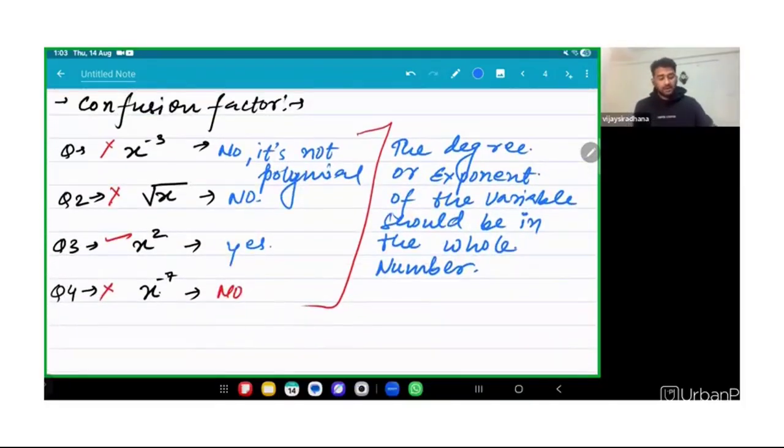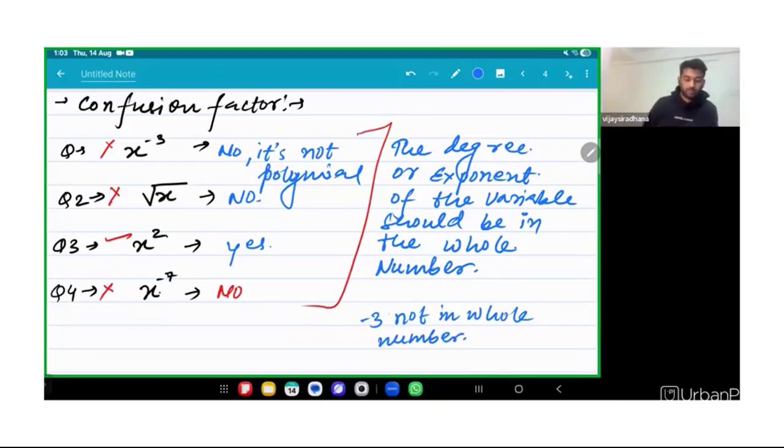That means, do you see in question number 1 that the exponent of x is -3, and you know that -3 doesn't come under the whole numbers. So -3 is not in the whole numbers.